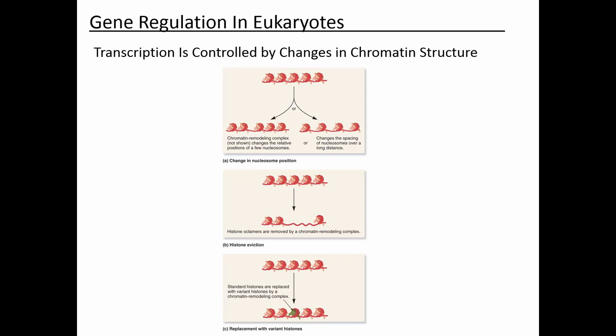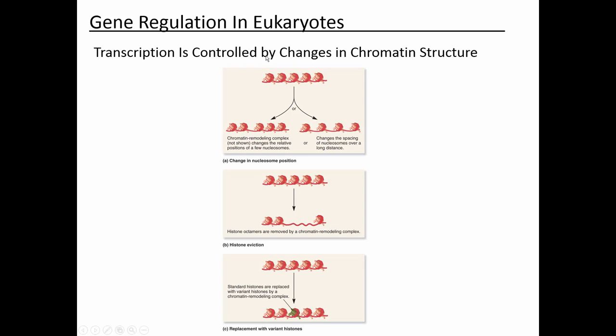Essentially, in this case you have a change in chromatin structure that makes the DNA more accessible to proteins, meaning more accessible to proteins binding to the DNA. If you make the DNA more accessible to proteins, that could increase the rate of transcription. Conversely, you could inhibit gene expression by making the DNA less accessible to proteins. If you make the DNA less accessible, then the proteins involved in transcription can't access the DNA, and that would be a way of inhibiting transcription.